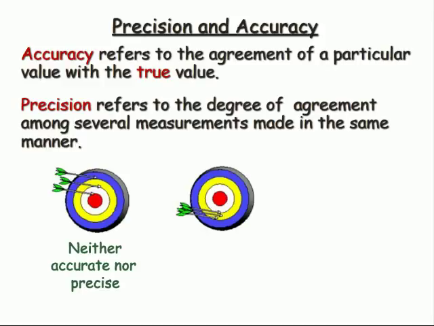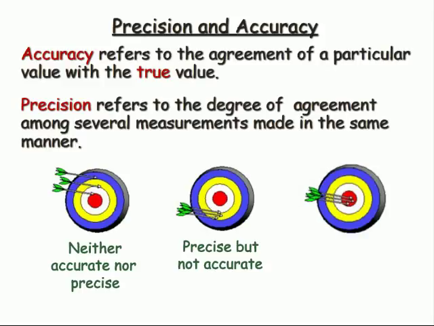So my grouping is close, that means that my precision is high. It's precise, but it's not accurate because, again, I'm trying to hit the middle of the bullseye, and I didn't really get all that close. Now, if I have a tight grouping, if I reproduce the shot pretty darn well, and they're all grouped in the bullseye, that is precise and accurate.